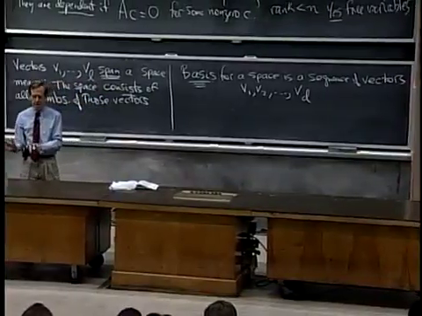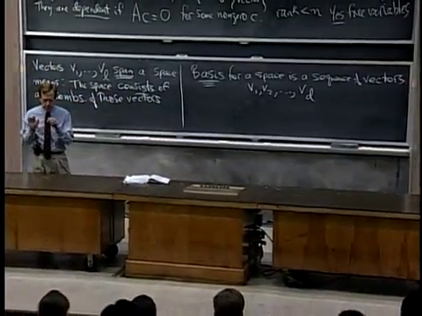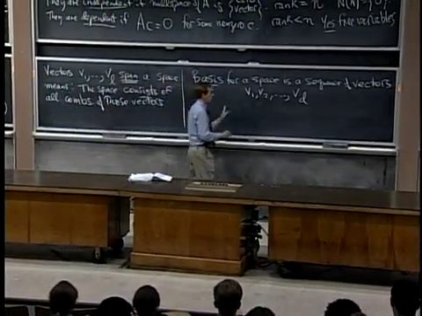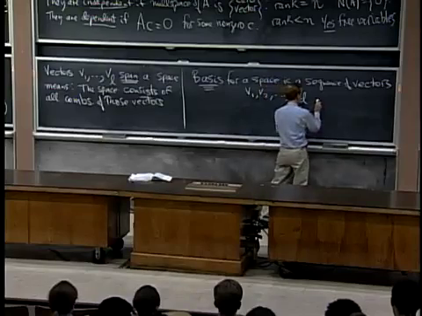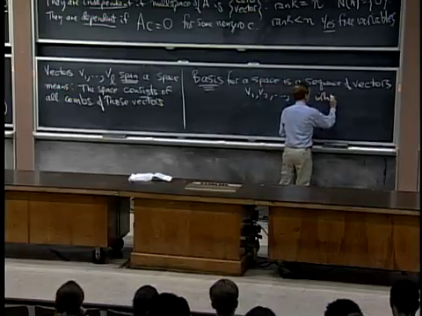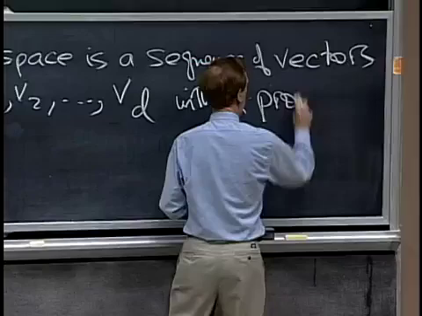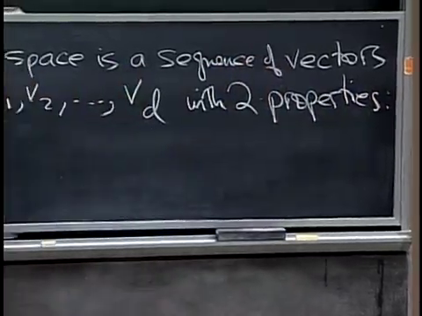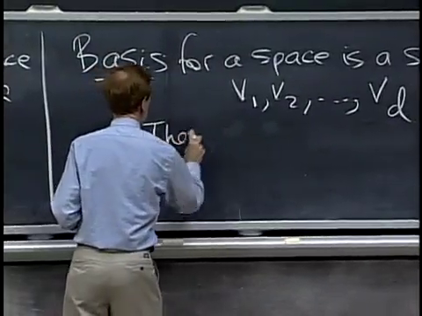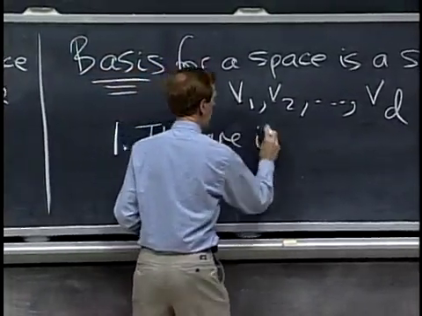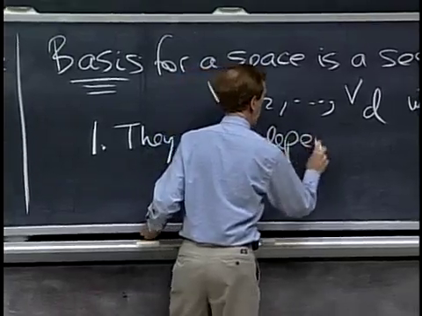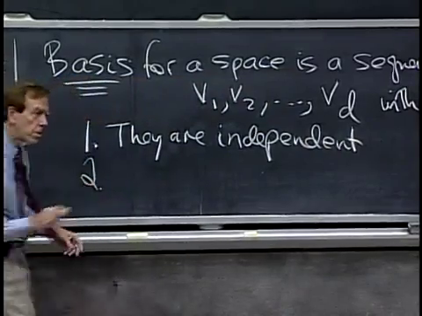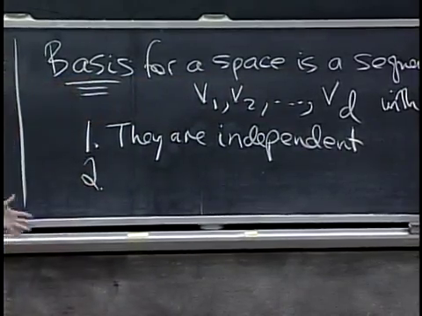It's a natural idea of a basis. So a basis is a bunch of vectors in the space, and it's a sequence of vectors with two properties. One, they are independent. And two, you know what's coming? They span the space.